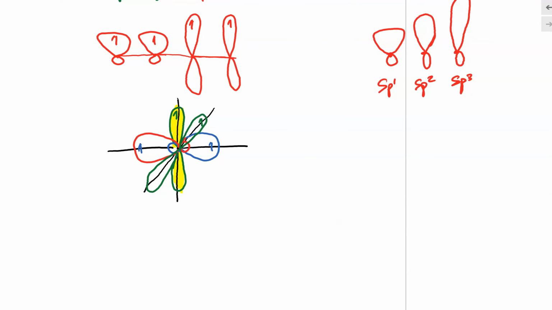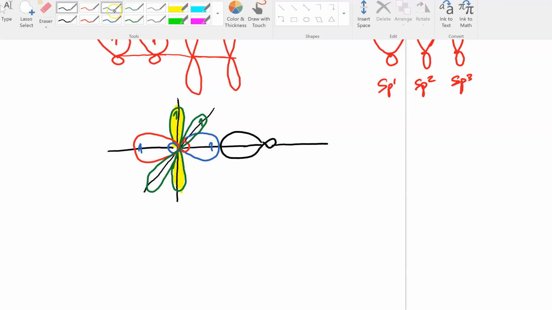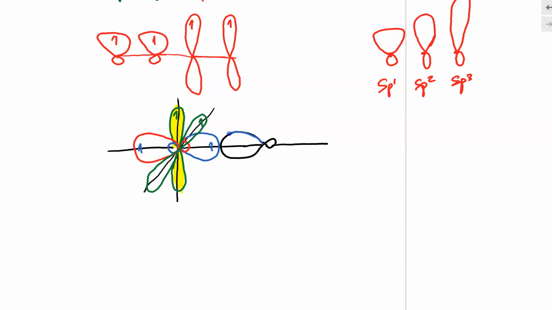So let's go ahead and draw them in. So again, I'm going to start by drawing the other carbon by starting with a linear geometry. And now I'm going to put in the first one. So let's go ahead and keep the color coding, the same thing. And the other one would then be in red.